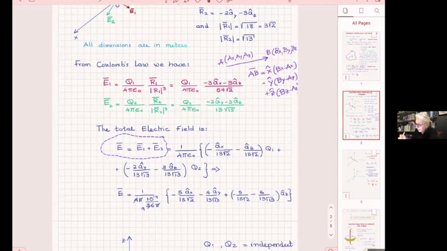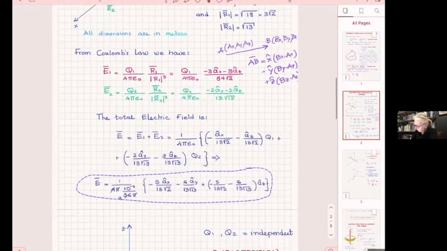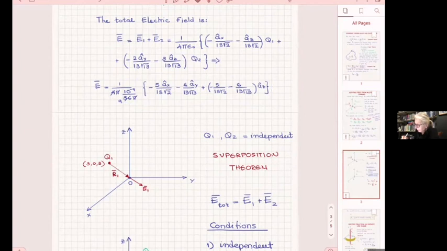And I sum up the x with x component, the y with y, the z with z, as I do superposition. And that's therefore what I find here. All right. So practically, I used the superposition theorem, which is this one here.